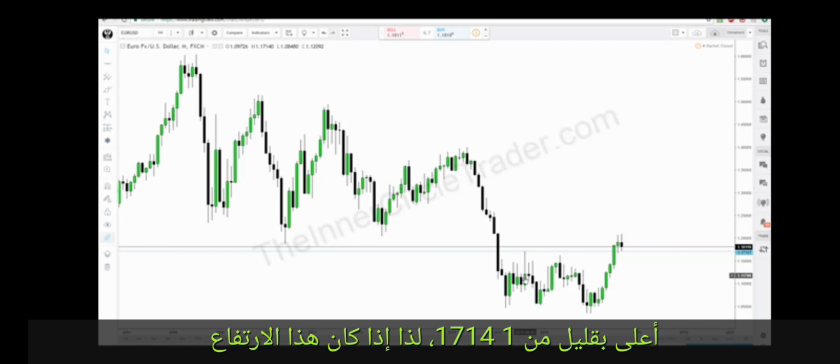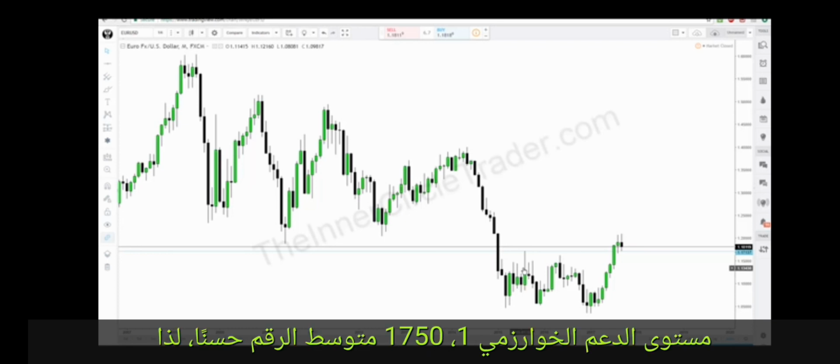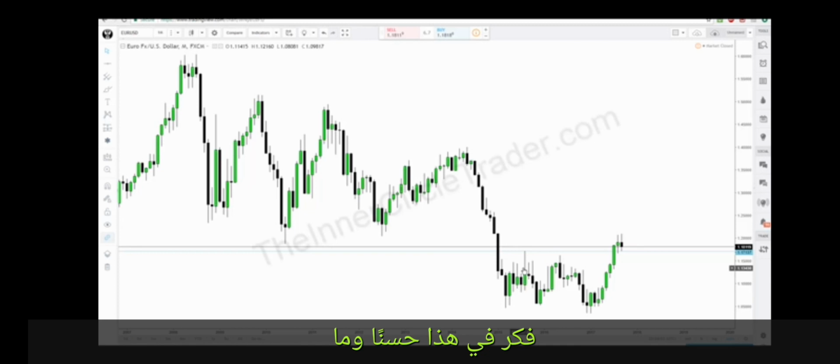So if this high had been 117.65, say, what would the level be that you'd expect to see it reach down into for an algorithmic support level? 117.50, mid figure. Okay, so think in terms of that.